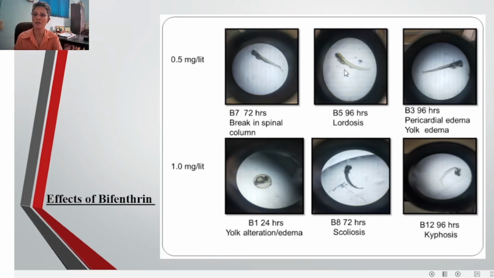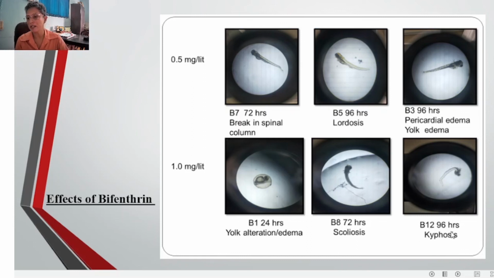Lordosis means the curvature of the vertebral column will be upward, and in scoliosis the curvature of the vertebral column will be rightward. So here the curvature of the vertebral column is on the right side. So it represents the scoliosis after 72 hours of 1 milligram per liter concentration of the bifenthrin.